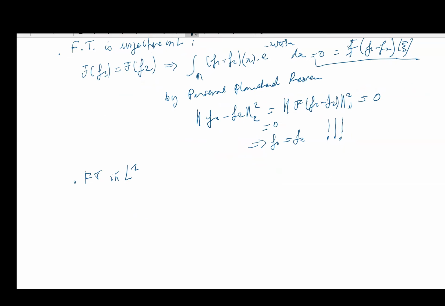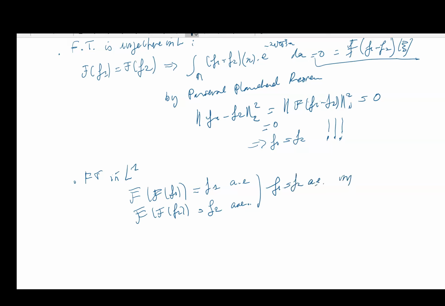You know that the inverse of the Fourier transform of f1 by definition is equal to f1 almost everywhere. Well, we could already have used that earlier, but that just comes from, if we've got functions in L2, then we can use the L2 norm. And here it's f2 almost everywhere, so if they are equal to each other, that means f1 is equal to f2 almost everywhere, and we've got injectivity in L1.